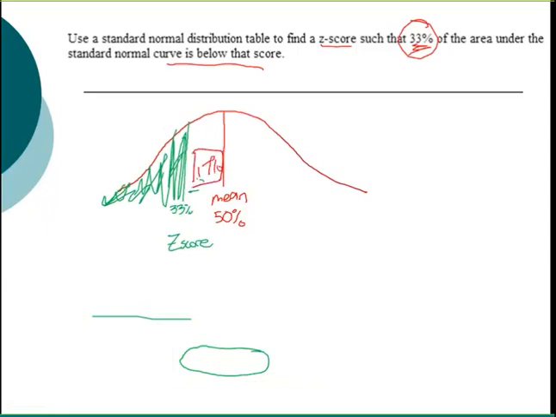Okay, so if I go to my table, which I didn't actually copy for us, when I look at my tables, 1.7 is 0.44. So if my area is 0.17, my z-score that corresponds to that is 0.44.